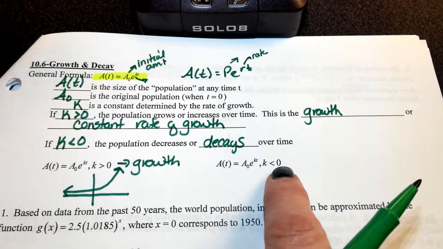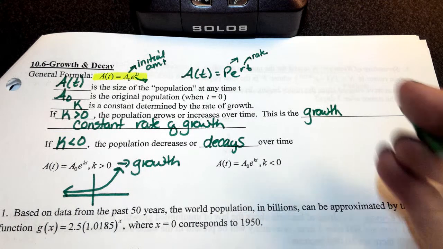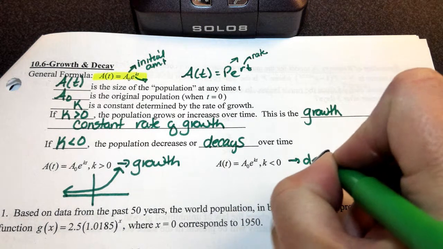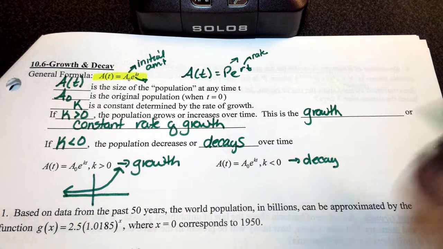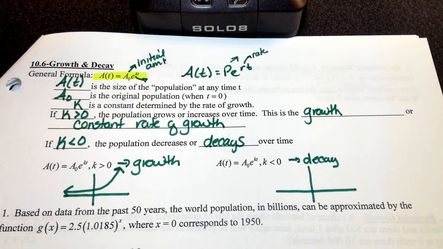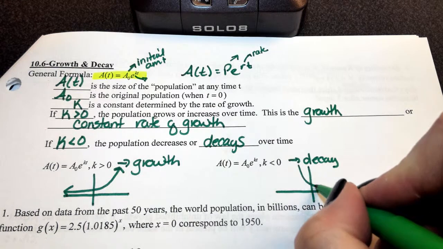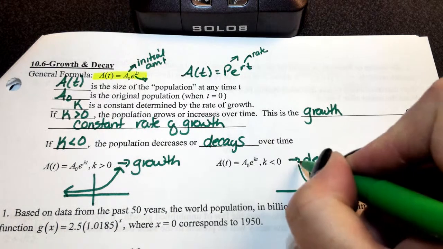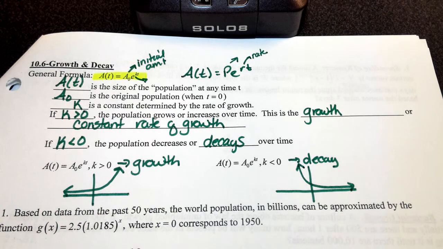If you have a negative k value, this is your decay. Graphically, as your x values are getting larger, your y values are getting smaller. So that's the difference graphically between a growth and a decay. Sometimes they'll give you a formula. Sometimes you'll have to set up your own formula using that PERT formula.